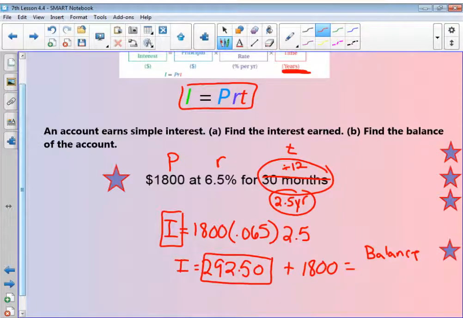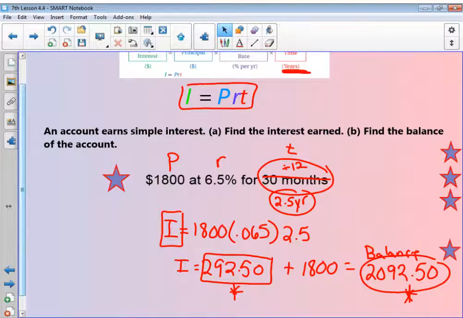Wow, I punched it in wrong. 1,800 plus 292.50 gives me $2,092.50. So that would be our balance. These are our two answers. This is our interest, and this is our balance at the end of that 2.5 years.